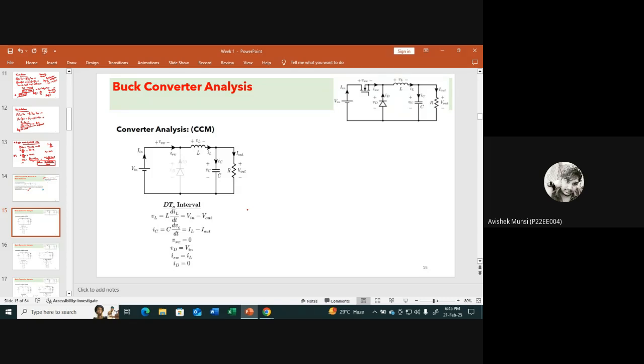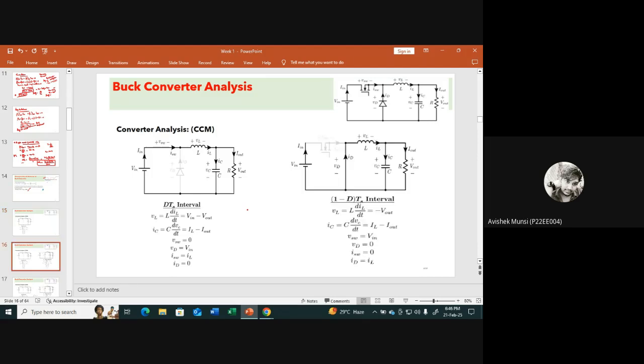During the off time, VL is equal to minus V0 and IC remains IL minus I0, because the capacitor will always remain charged. When the switch is off, the inductor current will freewheel across the diode and try to keep the charge across the capacitor the same. That's why you're getting an output voltage.